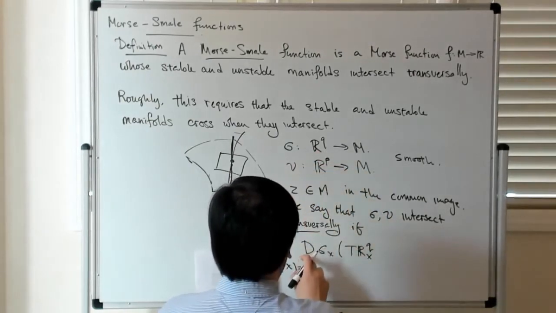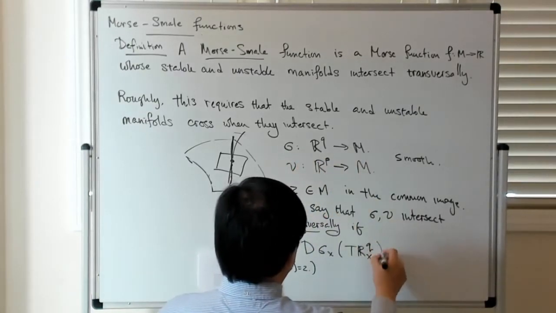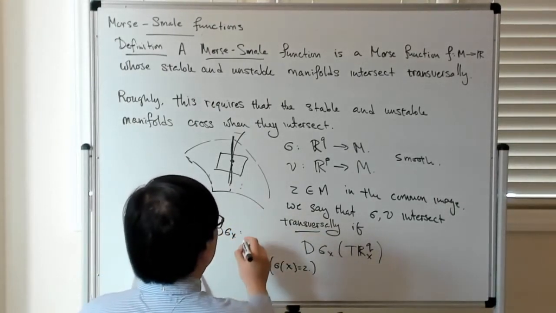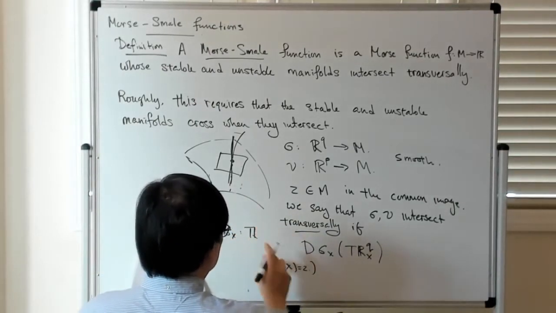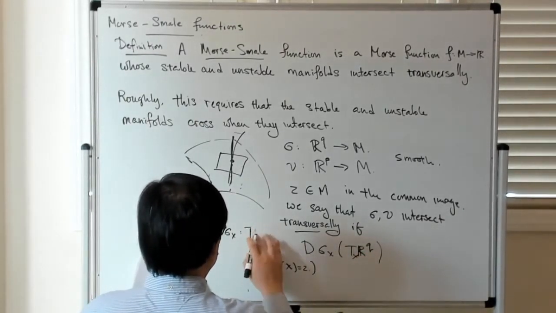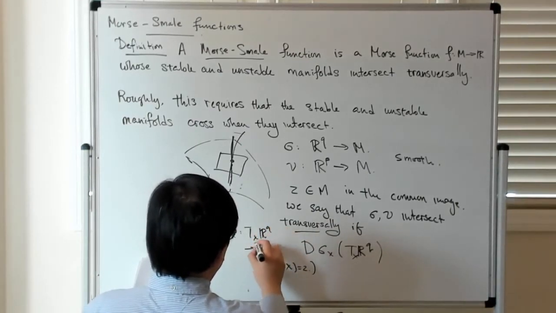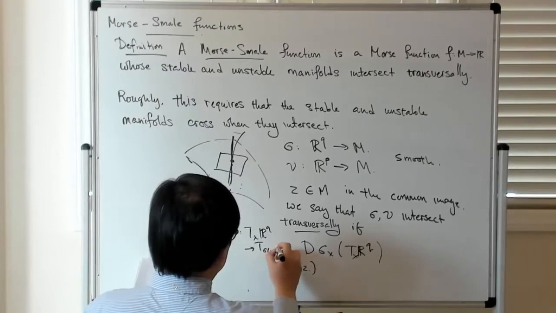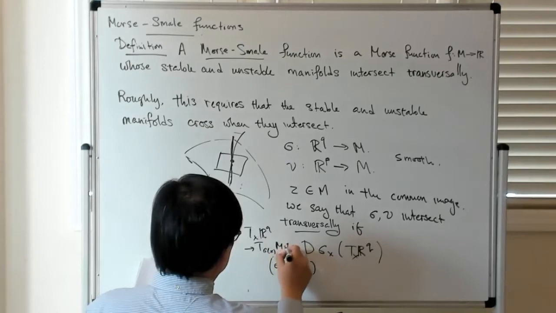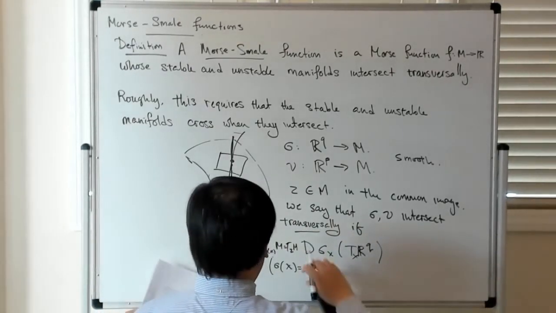So the linearization gives you a map from tangent spaces to tangent spaces. So the linearization of sigma at x is a map from T_x of the domain to T_{sigma x} M, but sigma x is z, so this is just T_z M, right?